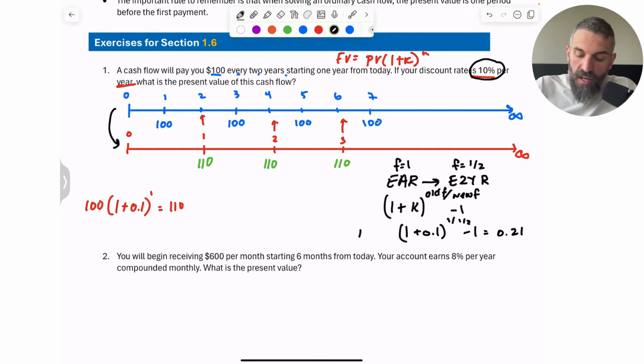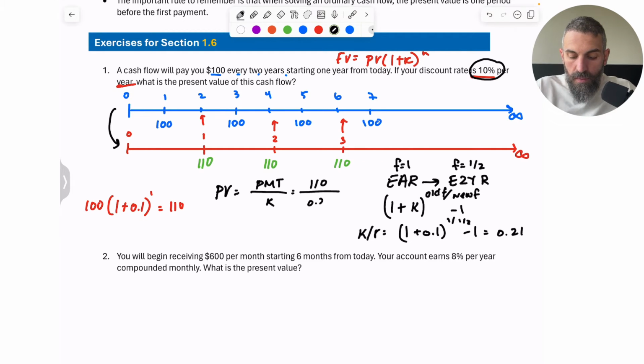Again, we found our K or R. And now we can use the basic present value of a perpetuity, which is your payment over your rate. So it is 110 over 0.21. The present value is $523.81.